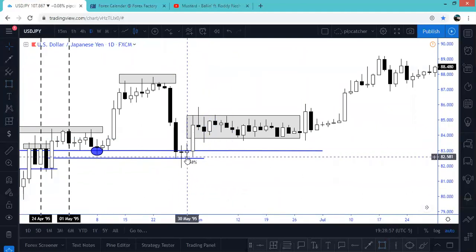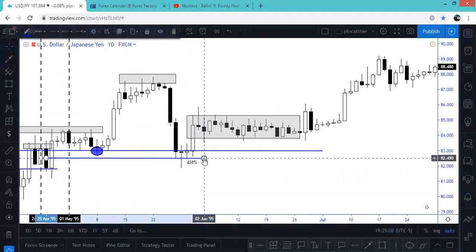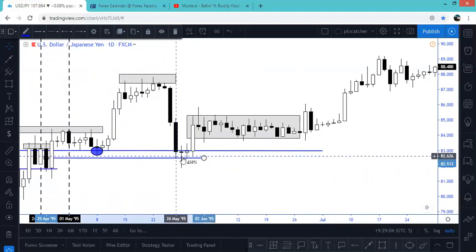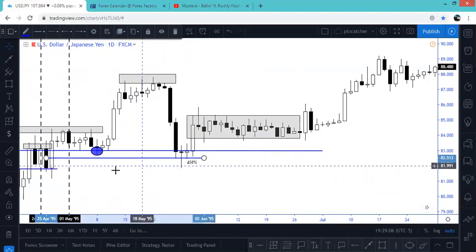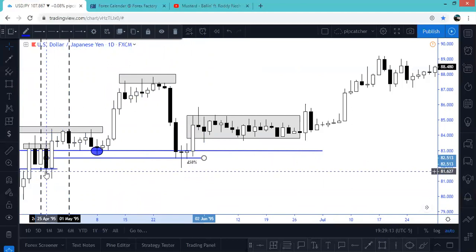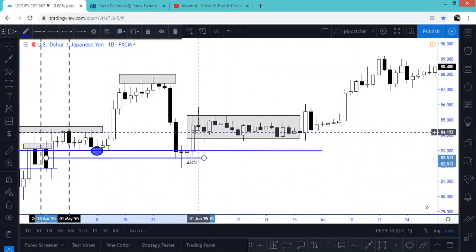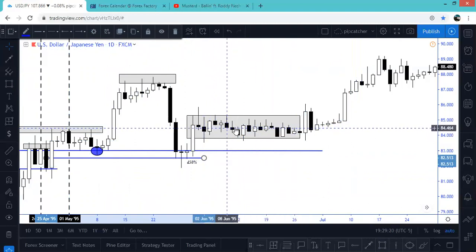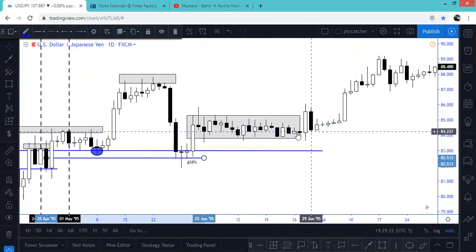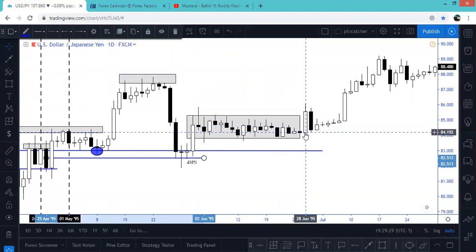Now, if you are a very precise and aggressive trader, you could have taken an entry right here. Stop loss would have been below this low, this minor swing low right here, and you would have been in profit. But you would have been waiting through this whole range of maybe a couple weeks, through this whole range right here. And then we finally see this breakout.